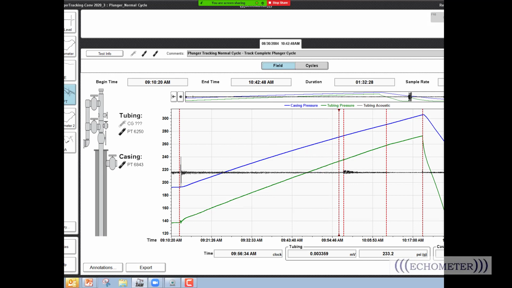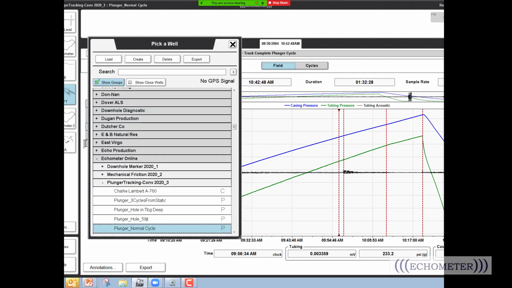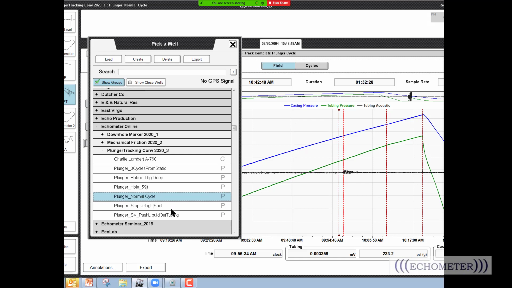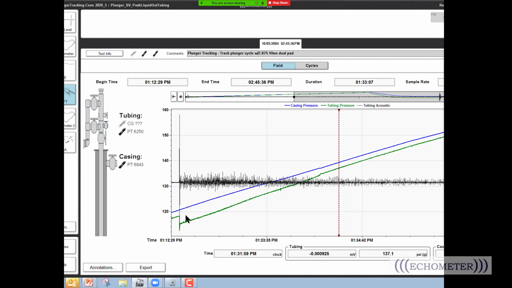And so if we go back over to this one well, we're pushing, this is a well that needs a standing valve. We open this one up and we look at this data. This is in TAM. See, this distance from here to here is getting closer and closer, and then right there the distance is the same.